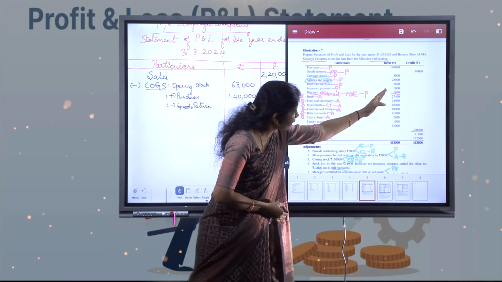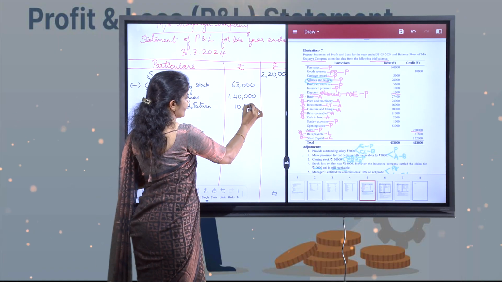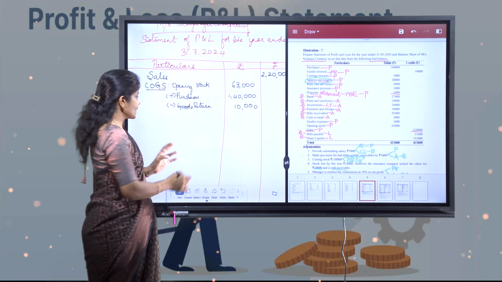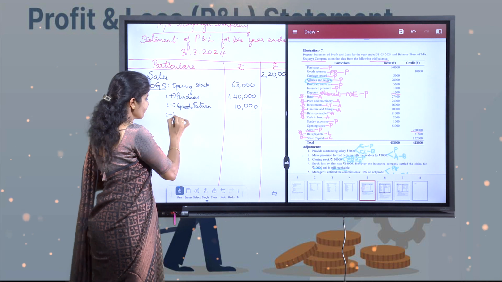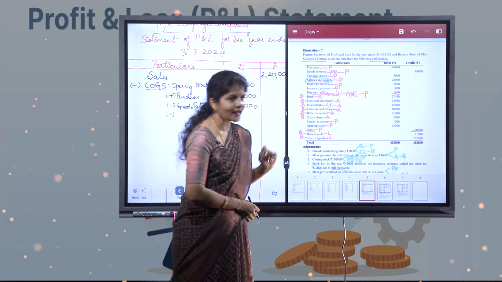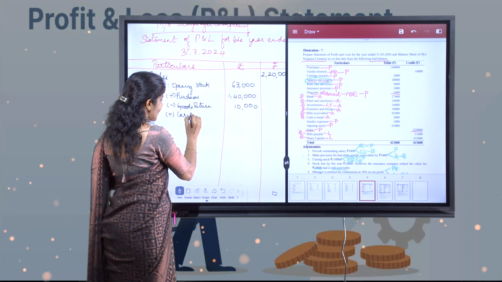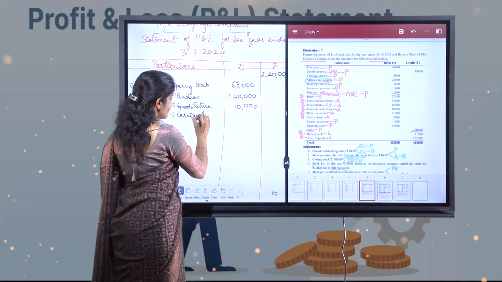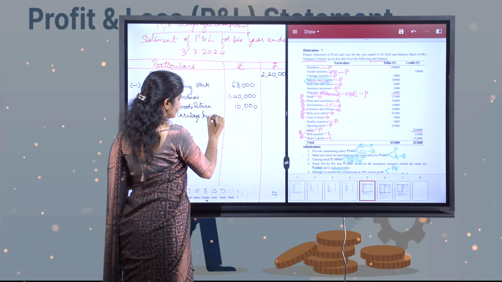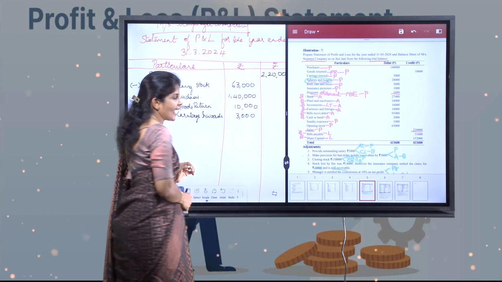The amount of goods return is 10,000. Then any direct expenses should be added. We have one direct expense, that is carriage inwards. The amount of carriage inwards is 3,000, which should be added.